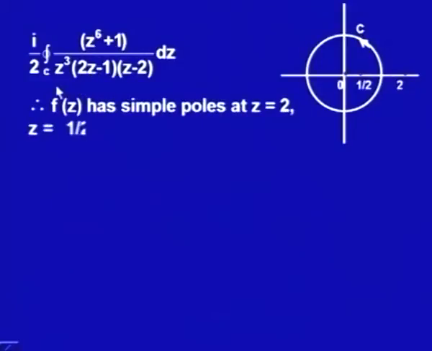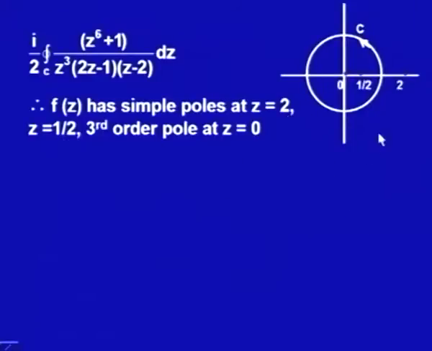Now, this has a simple pole at z is equal to 2 and at z is equal to 1 by 2, but you see the denominator has this another 0 which is of order 3. So, this f(z) will have a third order pole at z is equal to 0. So, now we have 3 isolated singularities: 0, half and 2.